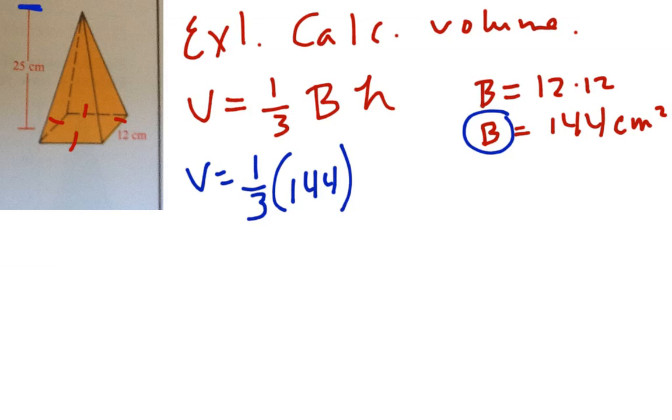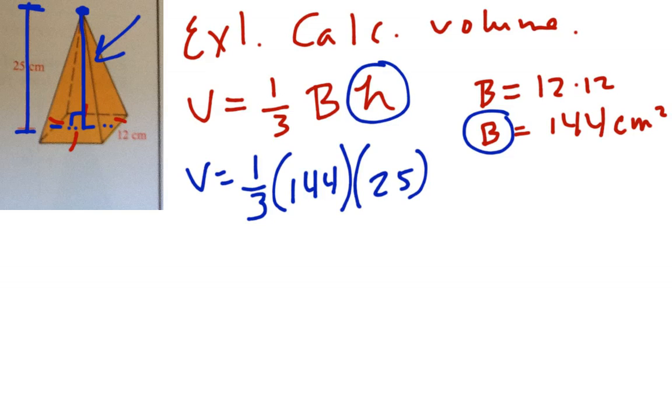This indicates that they're dropping a weight down from the center. If they were to drop that down into the center, it's perpendicular to the bottom, the ground, and it's 25 centimeters. So you might see a picture like this where next to the picture it gives you height, or sometimes they draw it inside. So I've substituted 25 for H.